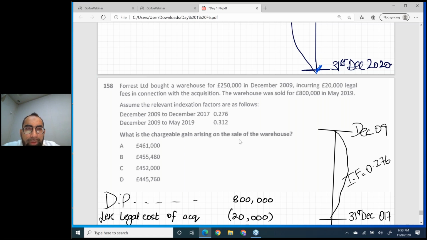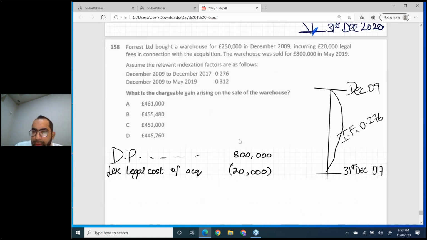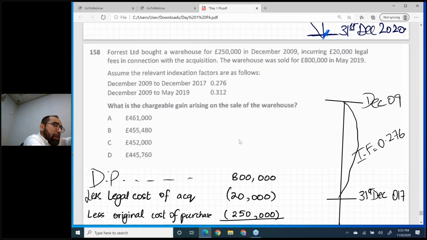Forest Limited bought a warehouse for 250,000 on 31st December 2009.